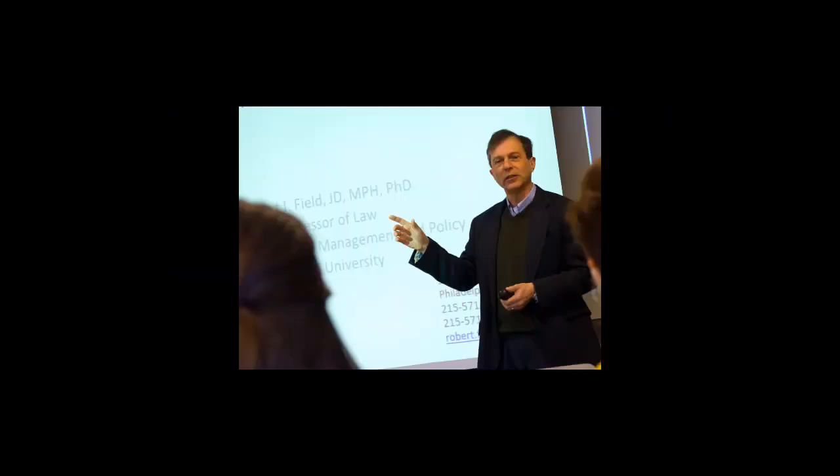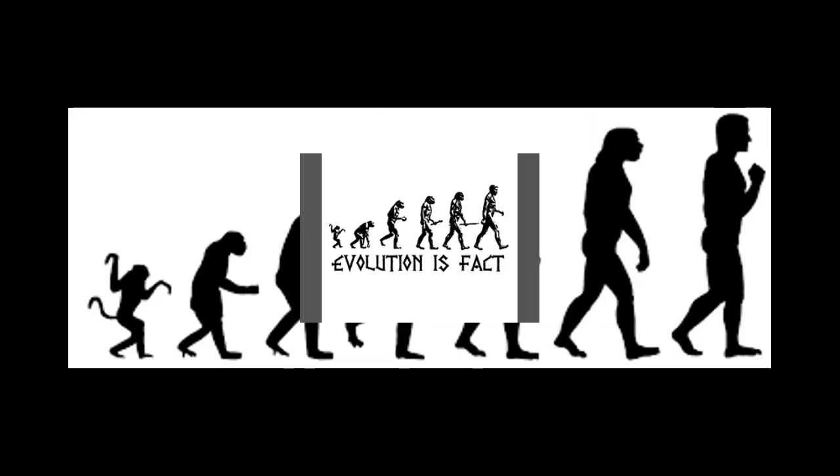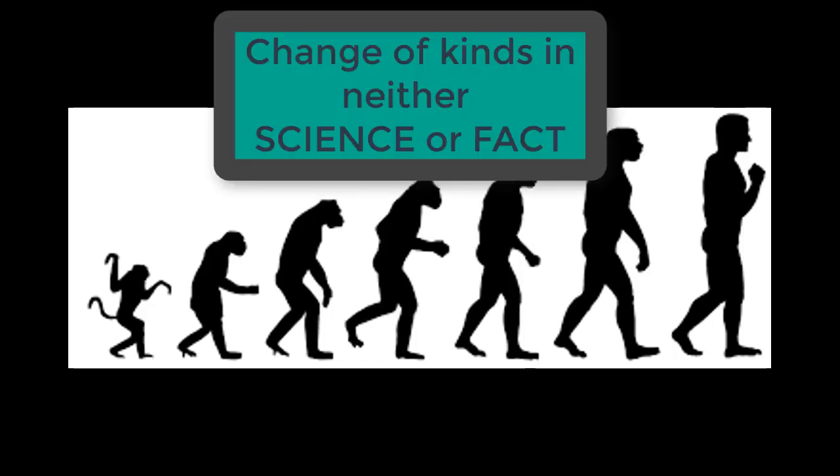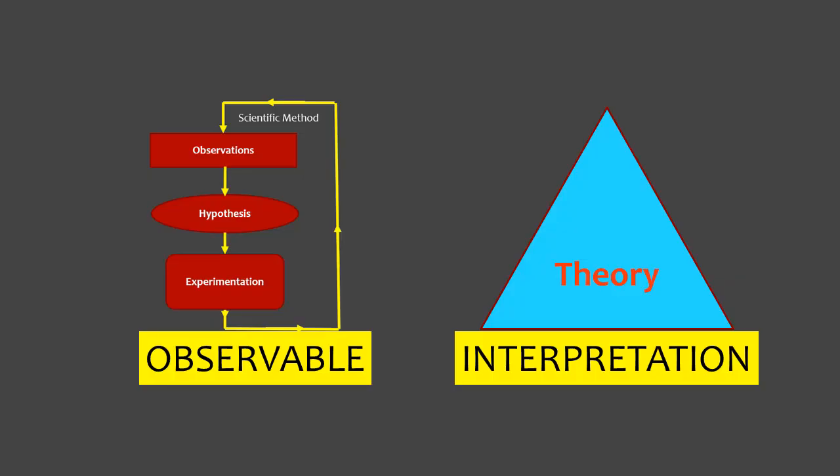But it still masquerades as science, and many people call this blatantly scientific fact, while in fact it is neither science nor is it fact, but it uses a form of interpretation that is based on theories, again, of conjecture and opinion, not based on the scientific method where there's observations, hypothesis, and experimentation.